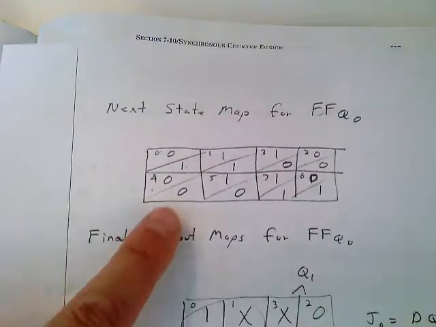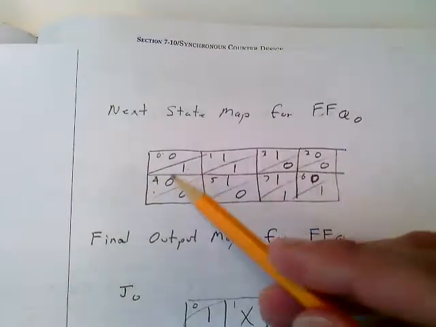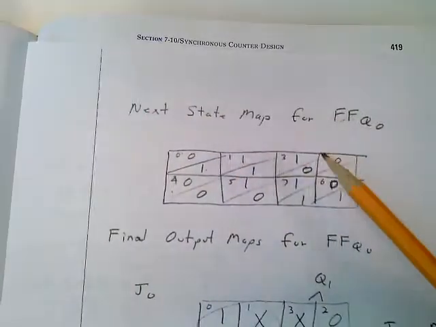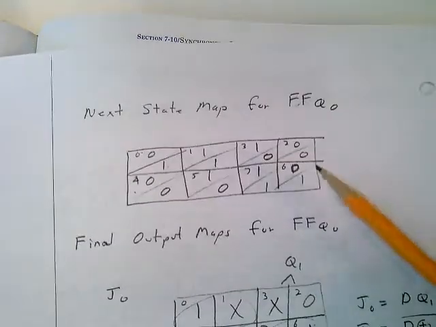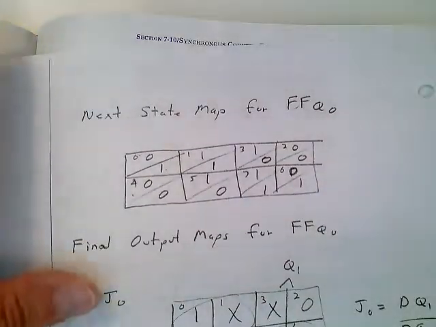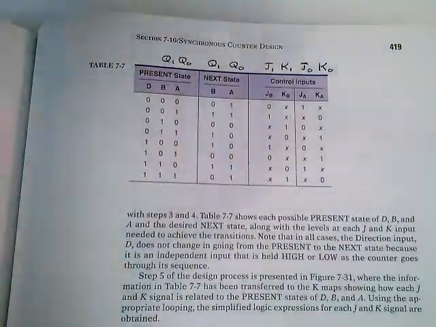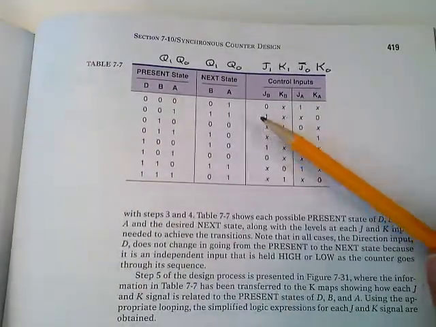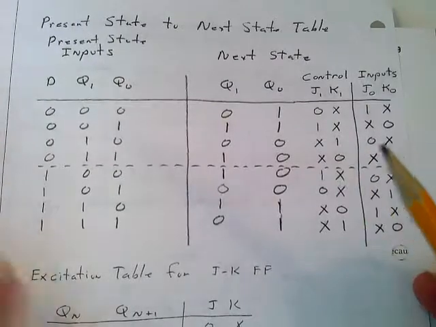When we constructed these maps here that look like this, where we had a slash through each minterm, we're going to cease to do these next state maps, and we're going to incorporate them in our present state to next state tables. And it's going to make this a little bit easier for you. So if you take a look, they did this up here, but I made this a little bit bigger in your notes. You might have to write this in.